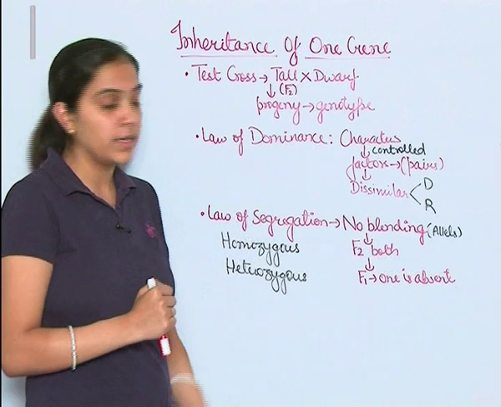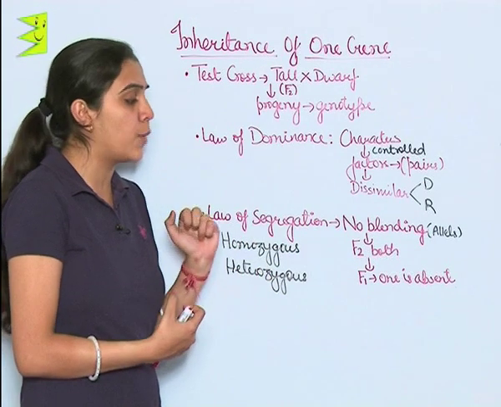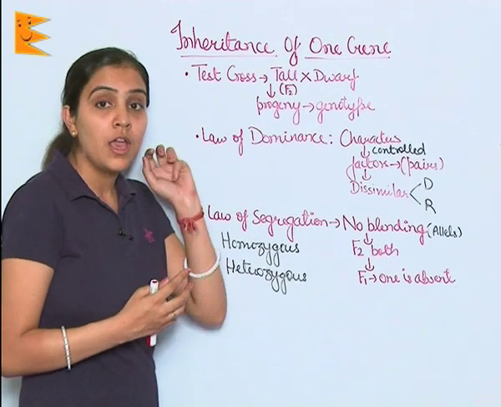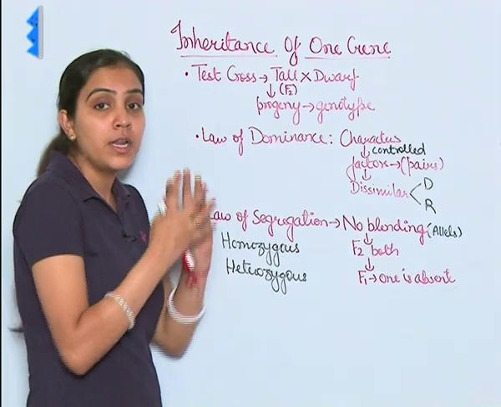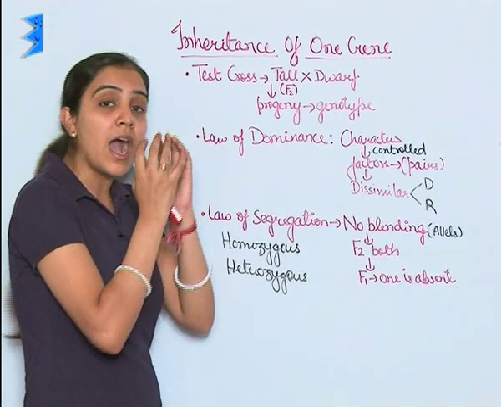So, according to the law of dominance, characters or traits are controlled by factors. Factors are present in pairs, and if factors are dissimilar, one is dominant and the other is recessive. Law of segregation: as we know, no blending of alleles is observed in either the F1 or F2 generation, but one of the characters is absent in F1, whereas in F2 both characters or traits are recovered.